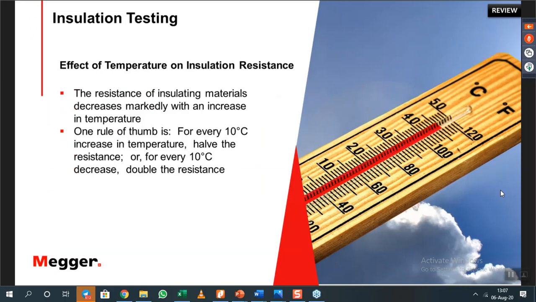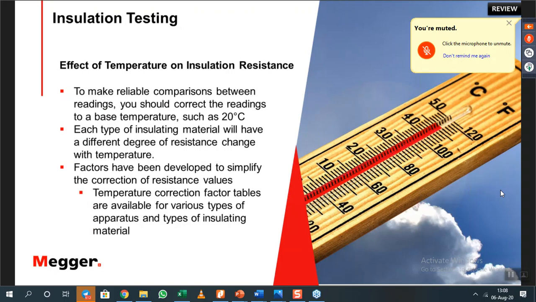The resistance of insulating material decreases markedly with an increase in temperature. One rule of thumb is that for every 10 degrees Celsius increase in temperature, the resistance halves. Or for every 10 degree decrease in temperature, the resistance doubles. Please take note of that.